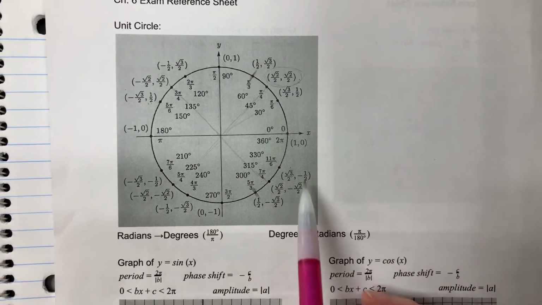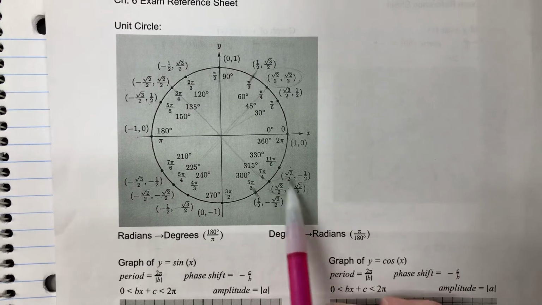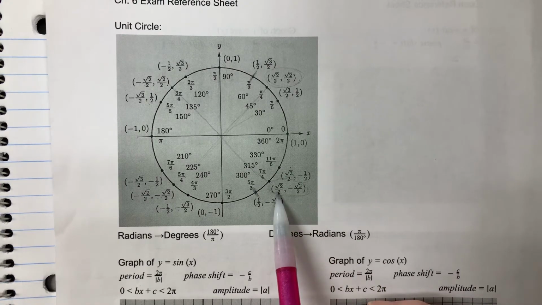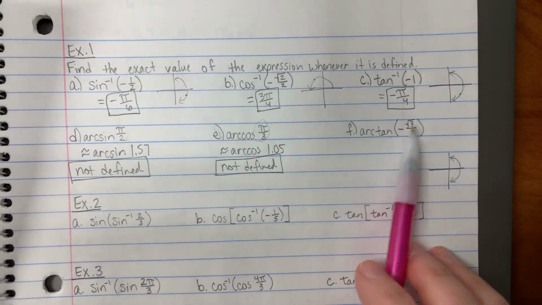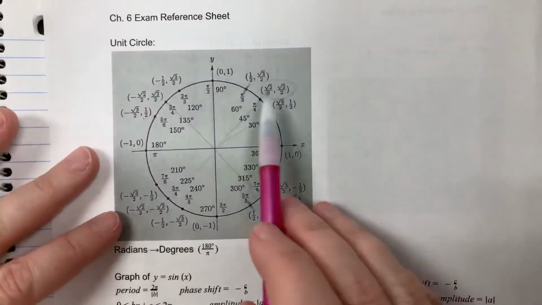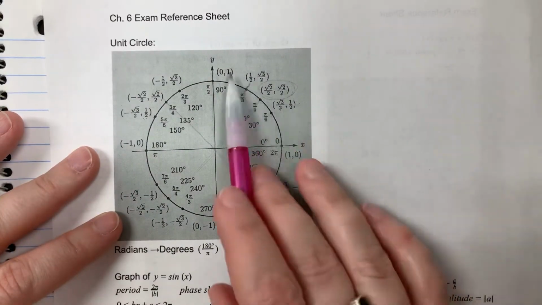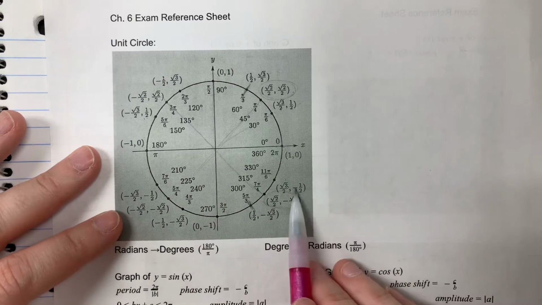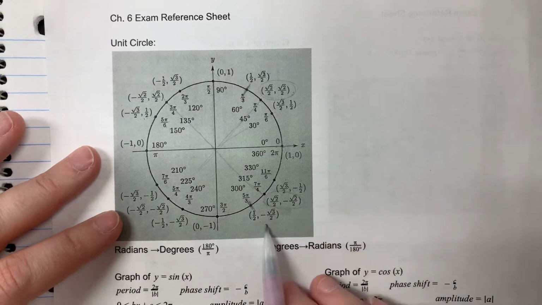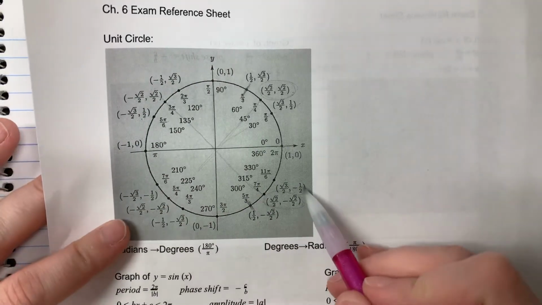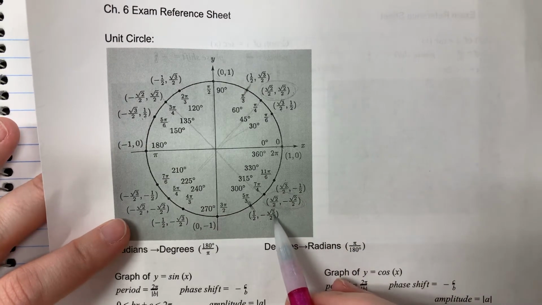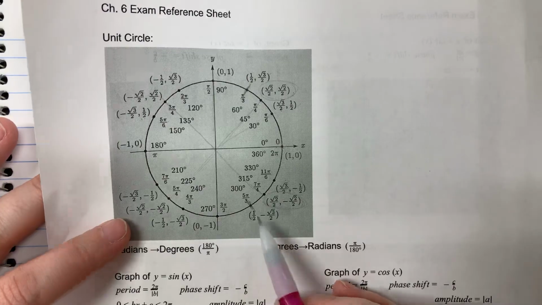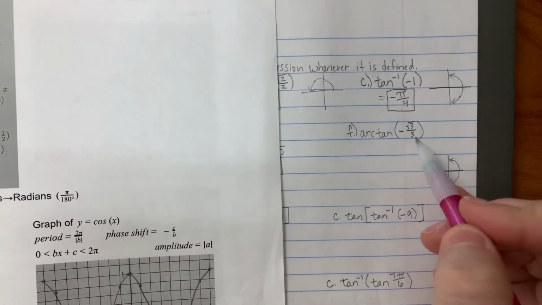And this one down here is definitely not going to get me that, because when I divide those, I'll get 1, or negative 1. In this case, I wanted a negative square root of 3 over 3. So that takes out these two options because there's no negatives. So I'm down to these two right here. Got a 50-50 chance. So the question is, should I be taking 1/2 divided by square root of 3 over 2, or square root of 3 over 2 divided by 1/2? Which way is that going to get me my square root of 3 over 3?